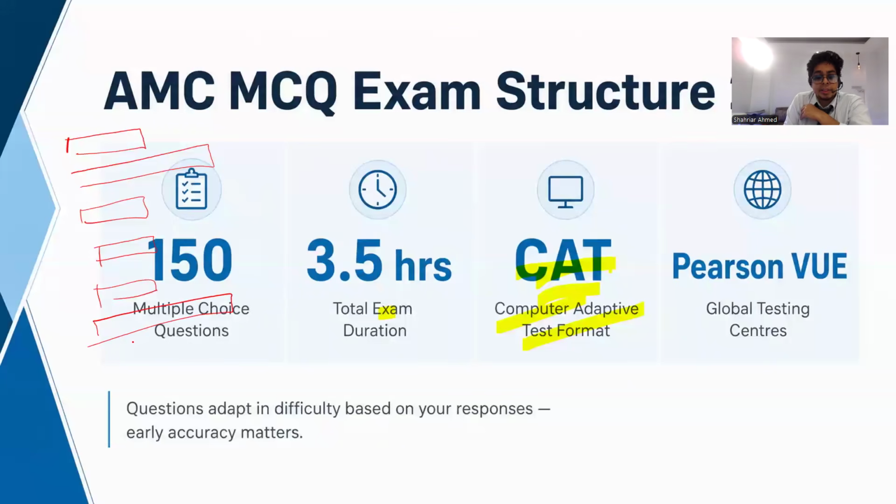You did better on this. They will give you medicine, surgery, gynae, pediatrics, psychiatry, ethics, population health, epidemiology, and so on. All right, so this is how it works.